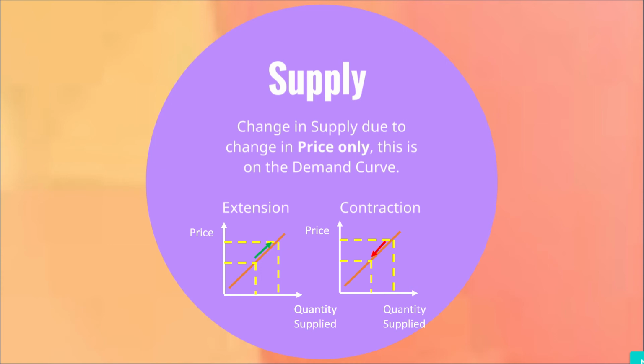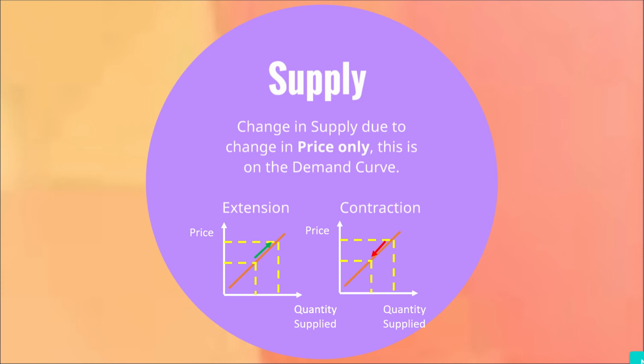Extension. What is extension? Extension is when the price increases and the quantity supplied increases. Anything related to an increase or decrease in the quantity of supply or demand, in general terms, is related to the quantity.